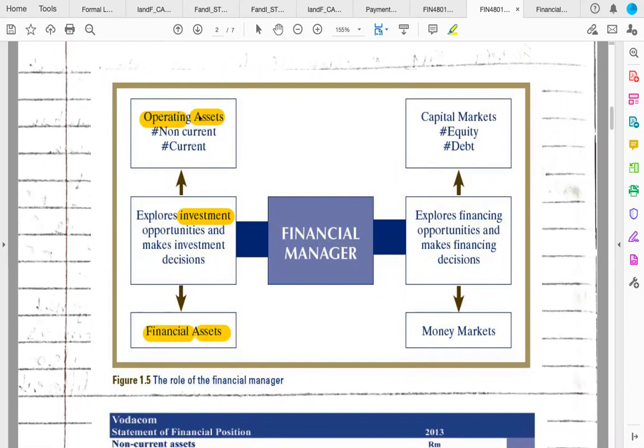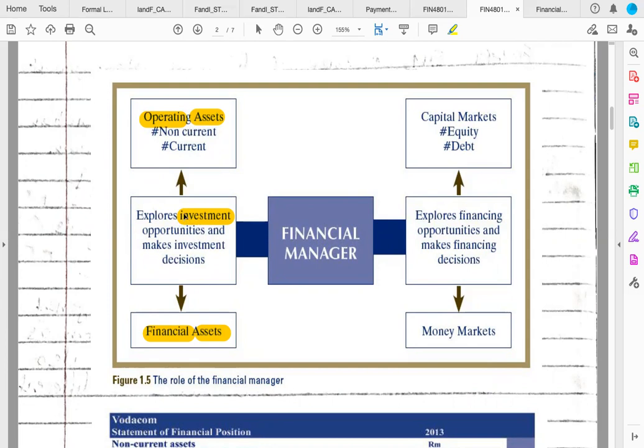Operating assets are things like printing machines, buildings, inventory. Inventory would be a current operating asset. A building and a machine would be a non-current operating asset, or some machinery to try to increase returns. Those would be non-current operating assets, whereas things like inventory would be current operating assets.